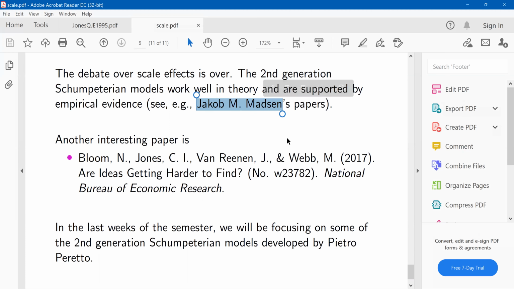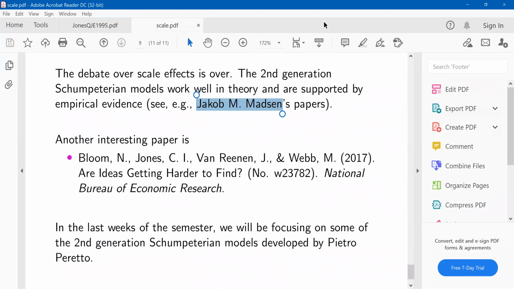Especially there's this nice economist, Jacob Madsen, at Monash University in Australia. So Madsen's papers are also very convincing about reality being consistent with the second generation models. In the upcoming weeks, we're going to go back to this discussion, and we're going to study a particular Schumpeterian model.